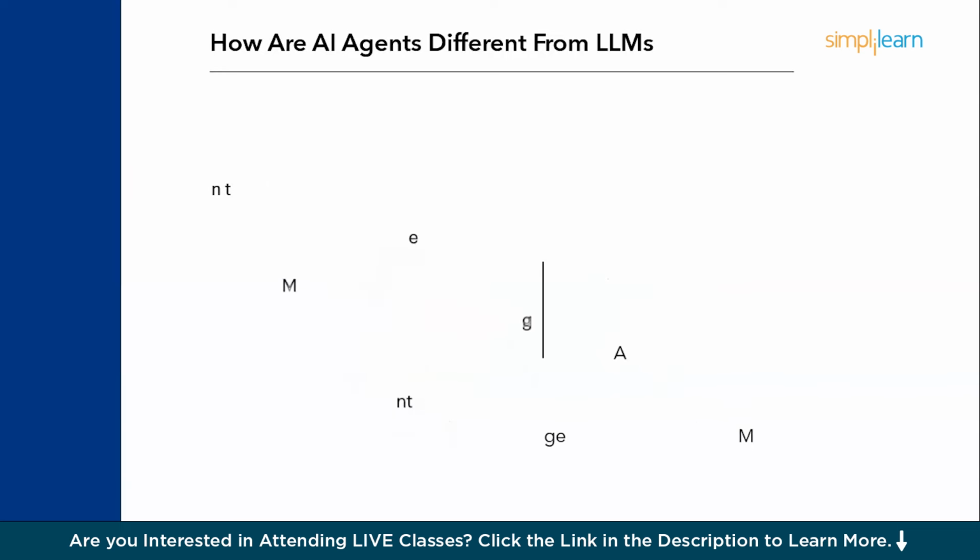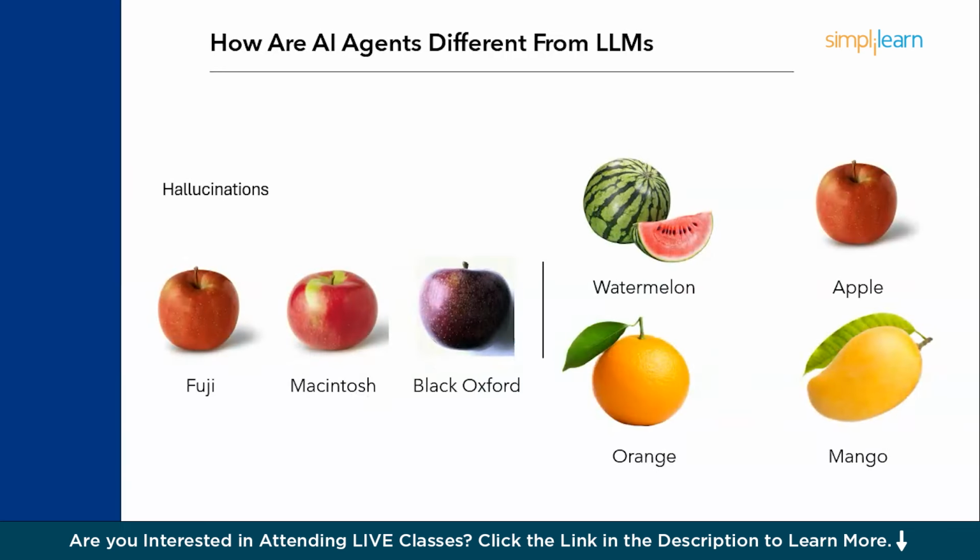Also, there is something called hallucinations. You might be wondering if this term is related to humans. Yes, it is related to humans, but for a change, LLMs can also hallucinate. For example, if you ask an unrealistic question, let's say there are different types of apples, Fuji, Macintosh, Black Oxford, right?